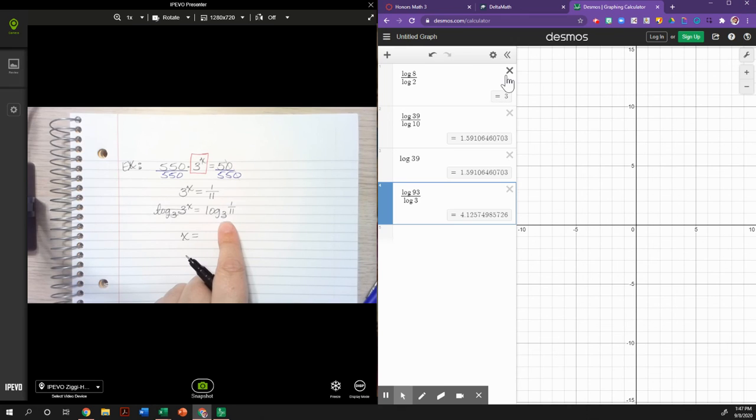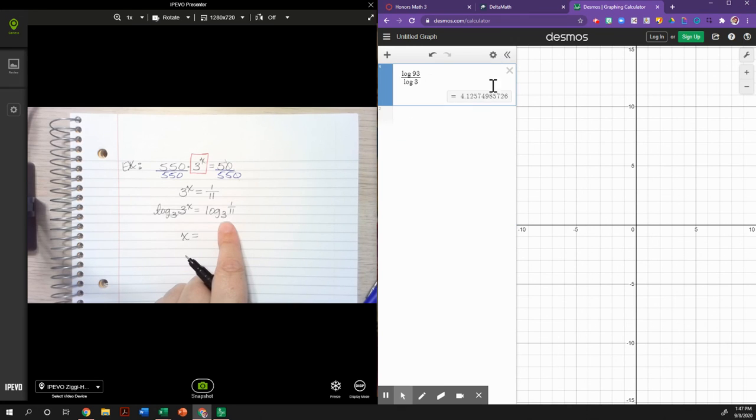So let's delete some of these off of Desmos. So log of 1 divided by, so that didn't work, so I'm going to have to put parentheses, 1 divided by 11, divided by the log of 3.